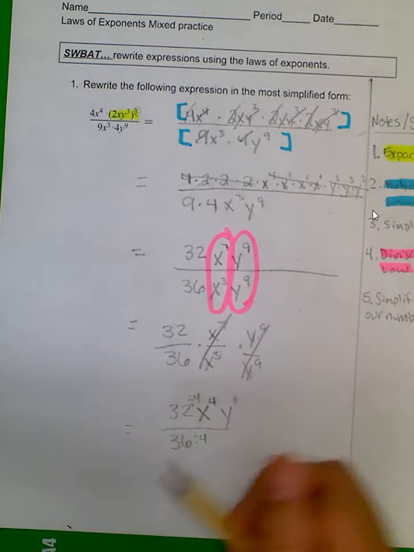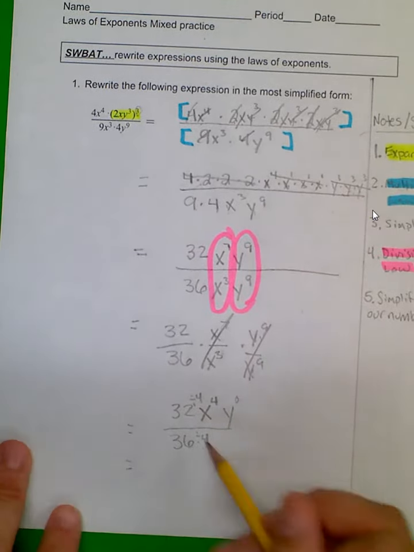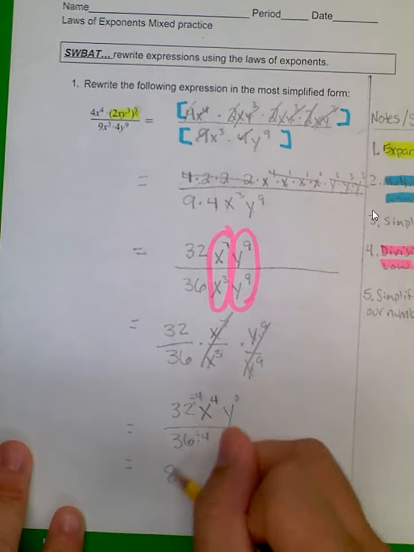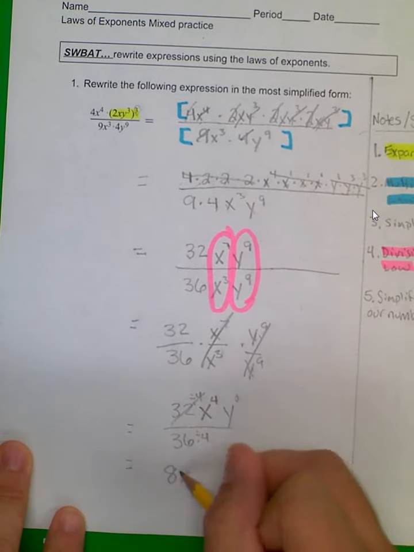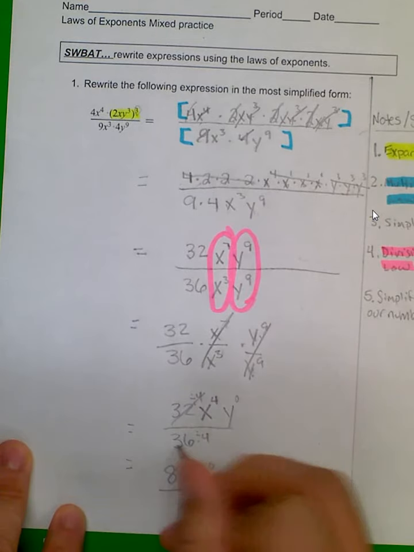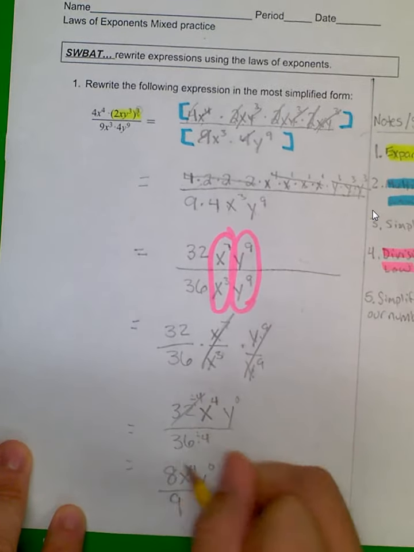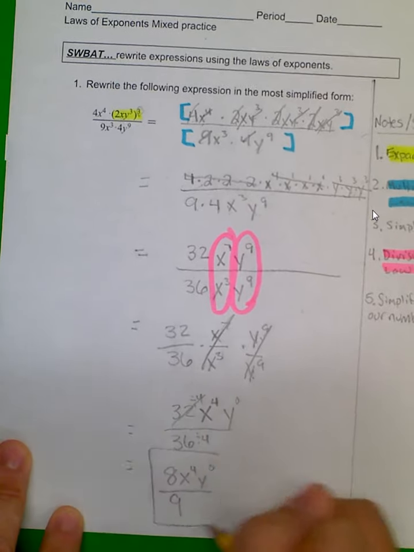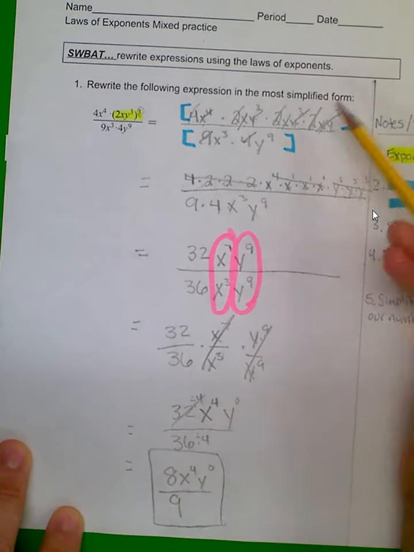And I'm going to get my final answer. 32 divided by 4 is 8. Again, bring everything else down. X to the 4th, y to the 0. 36 divided by 4 is 9. And there's my final answer in the most simplified form.